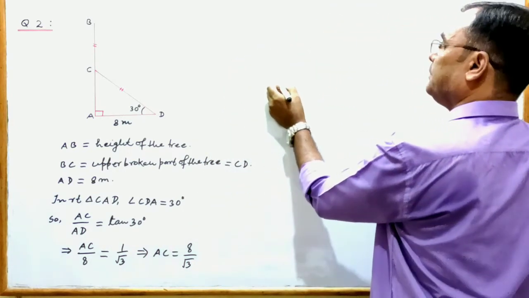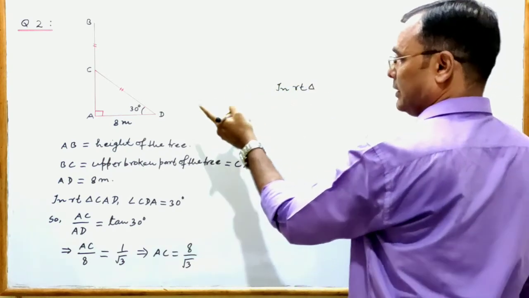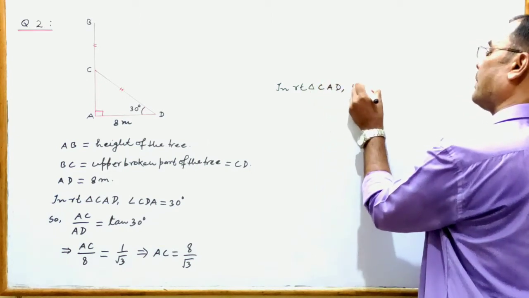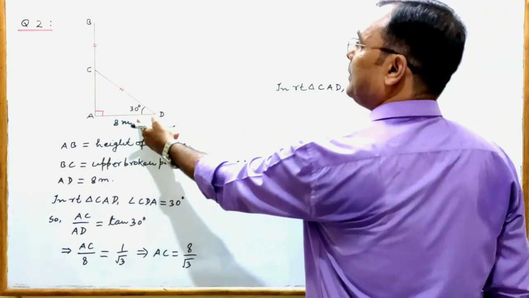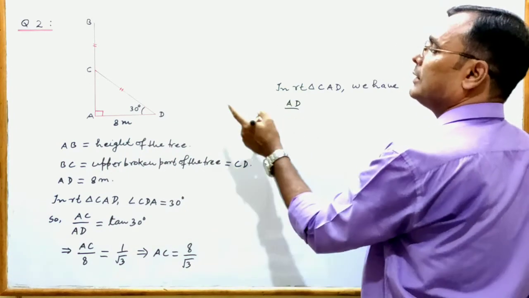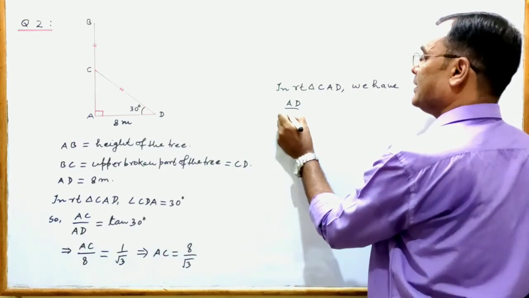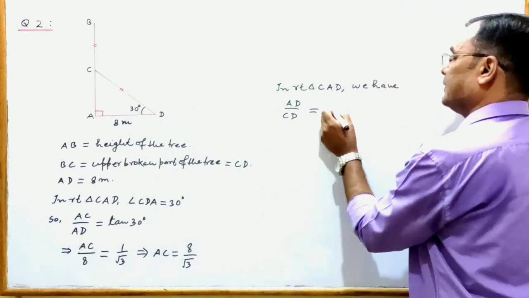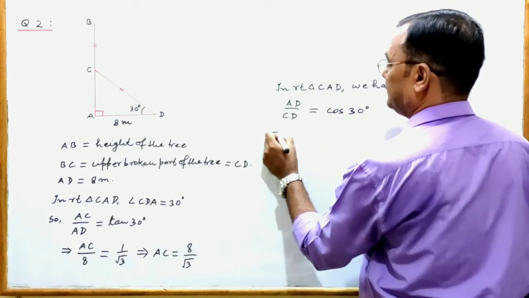Now in triangle CAD, we have AD by CD. AD is base, CD is hypotenuse, so base by hypotenuse, AD by CD, is equal to cos 30 degrees.